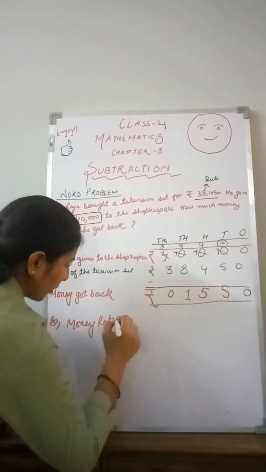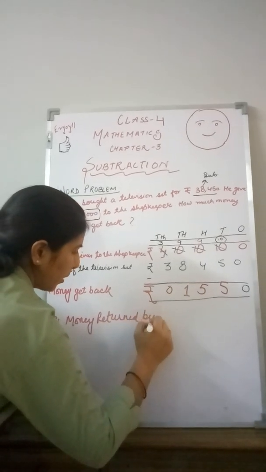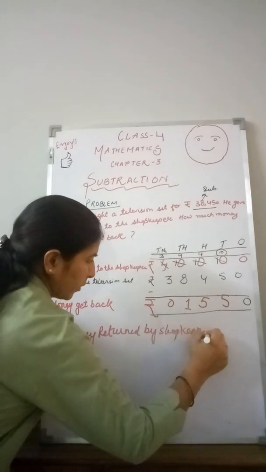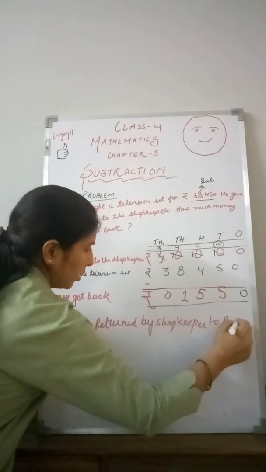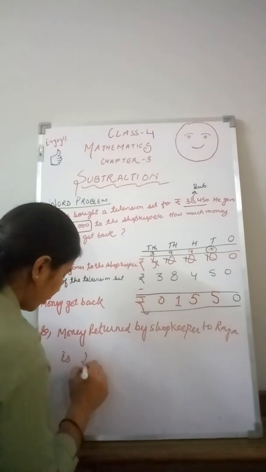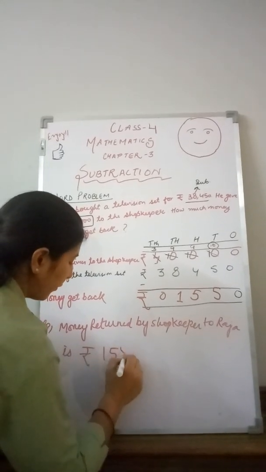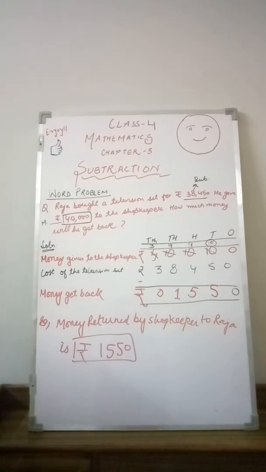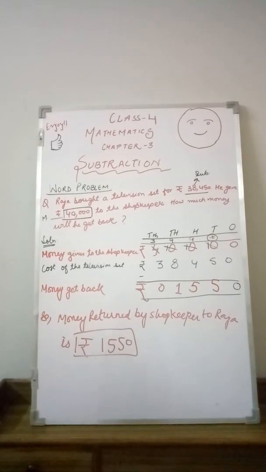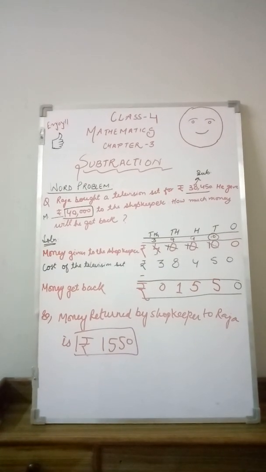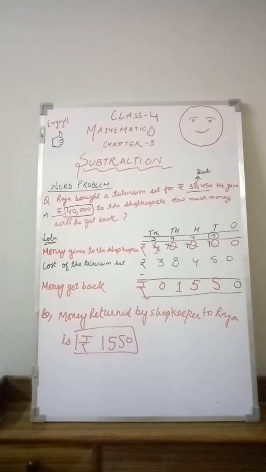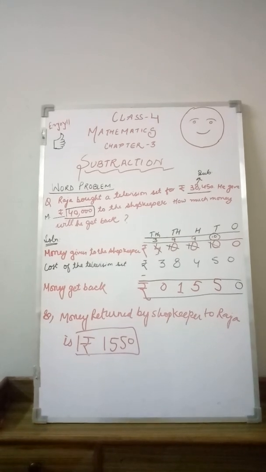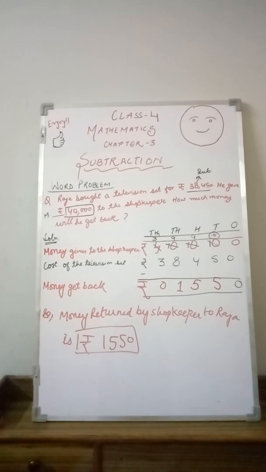Money returned by shopkeeper to Raja is rupees 1550. So this is your answer. I hope you understand how to do the word problem sums with the help of statements. First you have to write the statements and put the units which are given in the question, whether rupees, kg, liter, or meter. Sometimes nothing is given, then you can do the calculation in the right way.